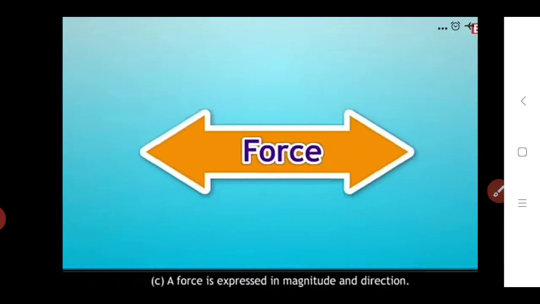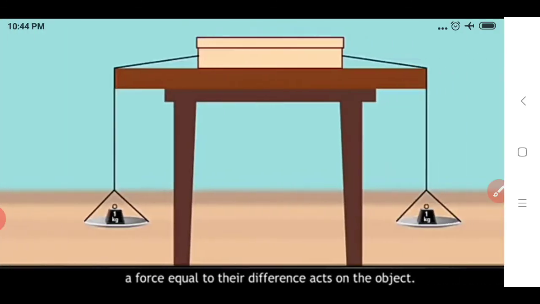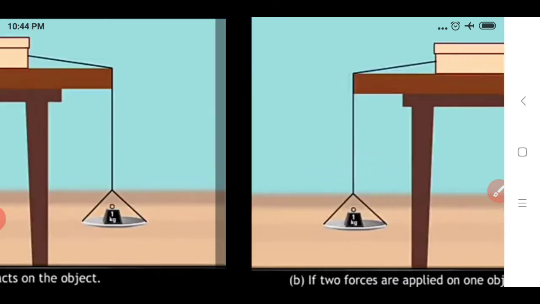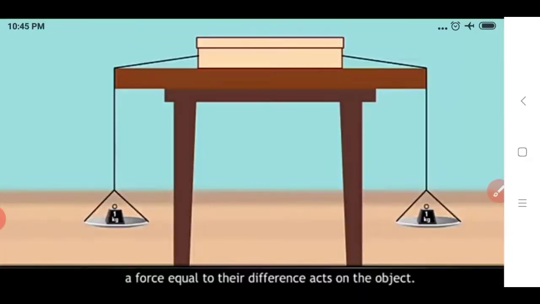So in that case, we see the second point, that is B. I again repeat: if two forces are applied on one object in directions opposite to each other, a force equal to their difference acts on the object. How do we calculate the magnitude of the force for such a case? In case B, if the two forces applied on the same object are the same but the direction is opposite, then how do we calculate the magnitude of the resultant force?